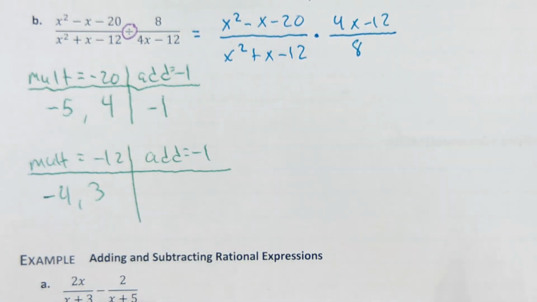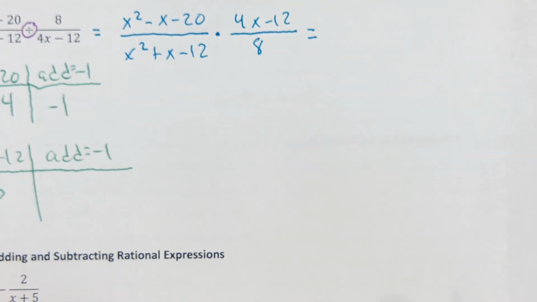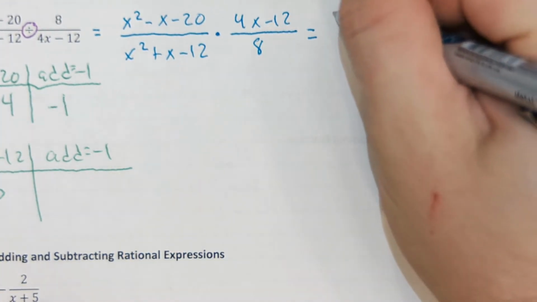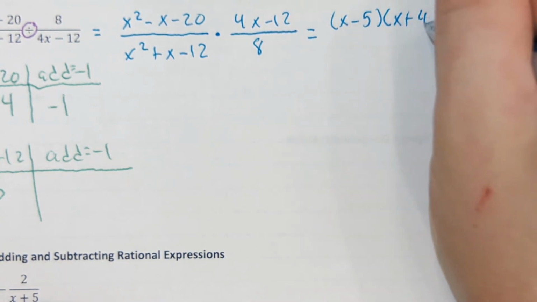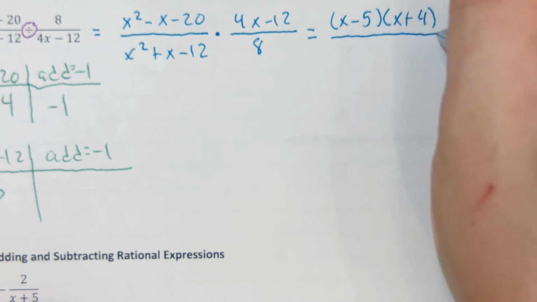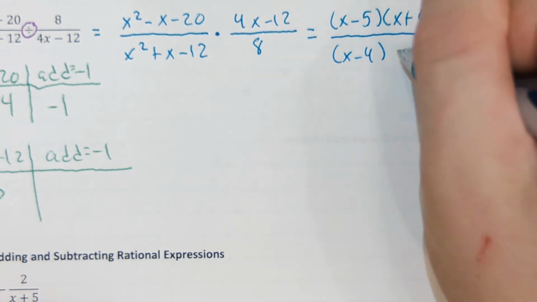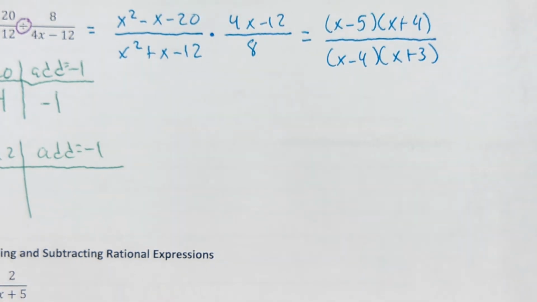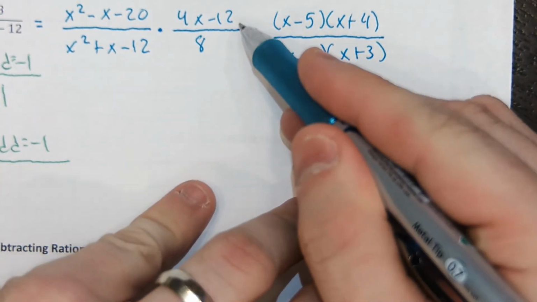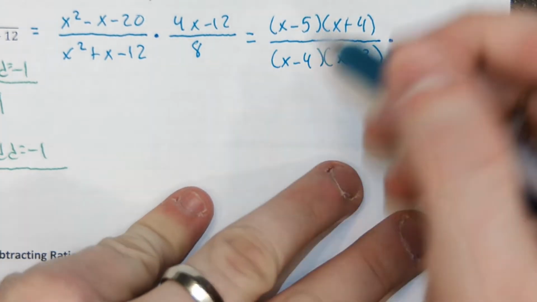All right, back to our fractions. This first one we said is going to be x minus 5, x plus 4. Below it is going to be x minus 4, x plus 3. This numerator has a GCF of 4, so we divide a 4 out.